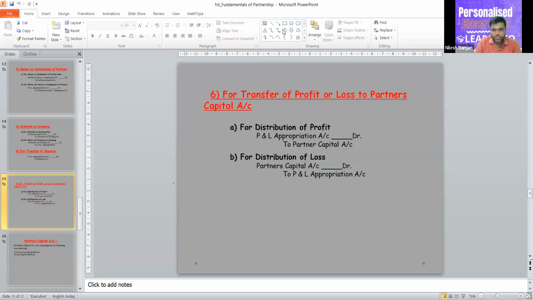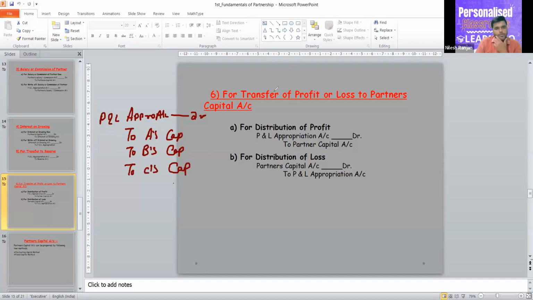Like if we are passing the journal entry, it will be profit and loss appropriation account debit to A capital, to B capital, and to C capital.